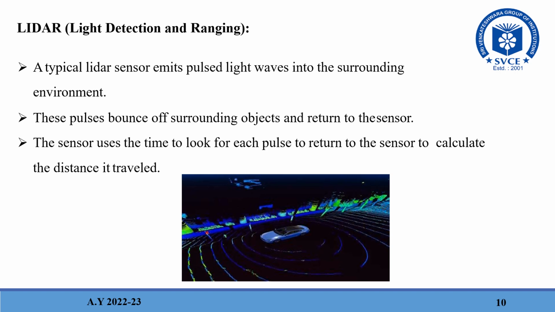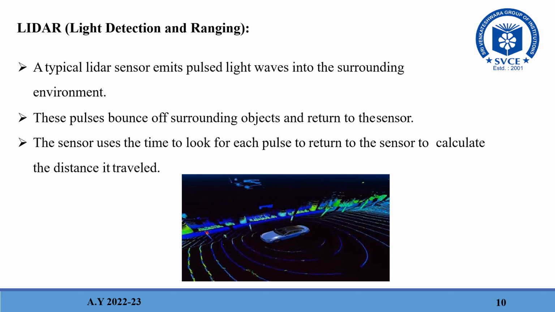LiDAR is an optical remote sensing technology that measures properties of the scattered light to find range and other information of a distant target. The prevalent method to determine distance to an object or surface is to use laser pulses. Like the similar radar technology, which uses radio waves instead of light, the range to an object is determined by measuring the time delay between the transmission of a pulse and detection of the reflected signal.